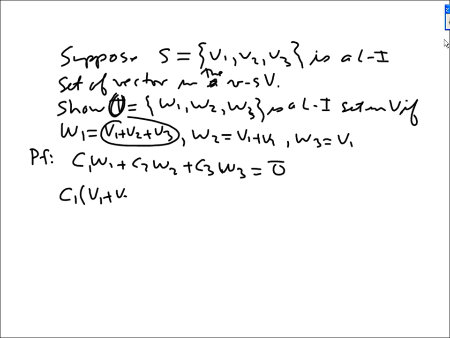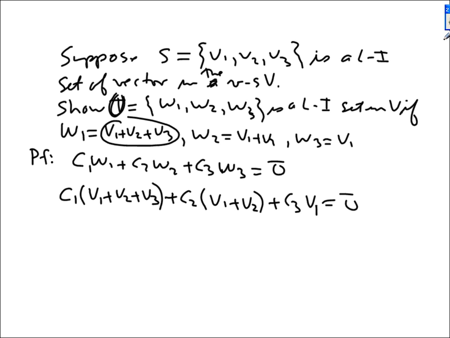C1 times V1 plus V2 plus V3. That's W1. Plus C2 times W2, which is V1 plus V2. Plus C3 times W3, which is just V1. Okay. And this still equals the 0 vector.